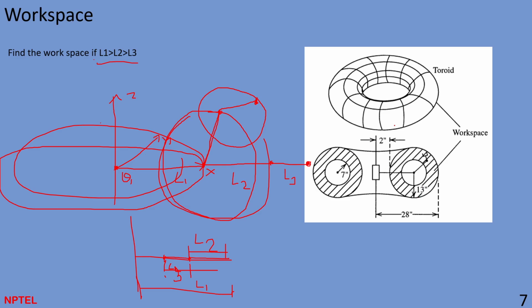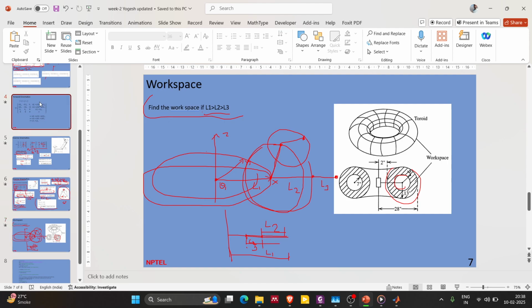When we want to know the workspace, we also want to know the area or the volume of this. Get the picture of the circle which it can move, and the circle which the other link can. In this way, you need to find out what is the workspace, what is the volume.